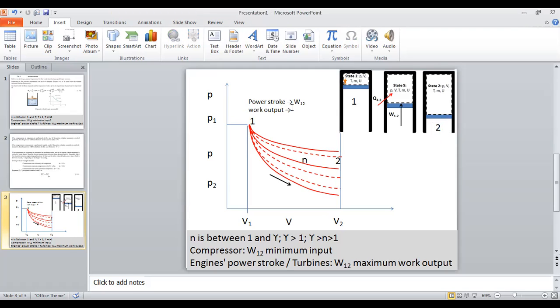Yes, and this one, W12, maximizing is important.